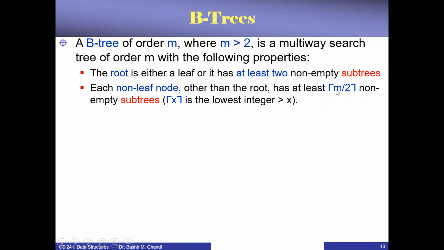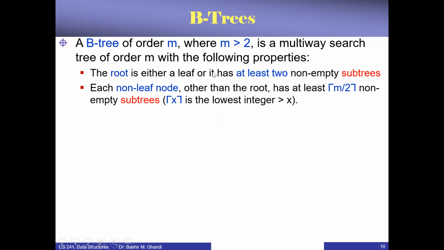If you take an m like 5, 5 over 2 will be 2.5, right? Now the ceiling of 2.5 is the lowest integer that is greater than 2.5, which means 3. So ceiling, you go up to get the ceiling.